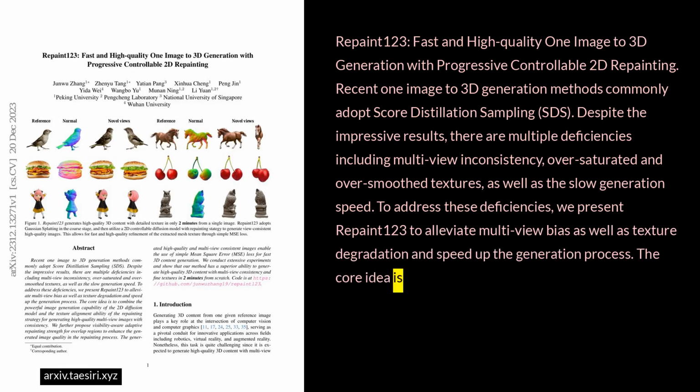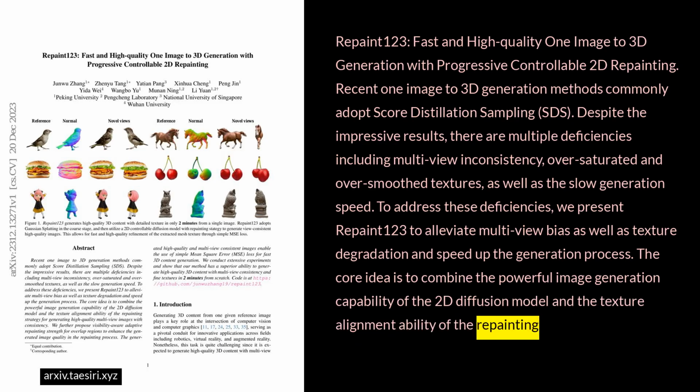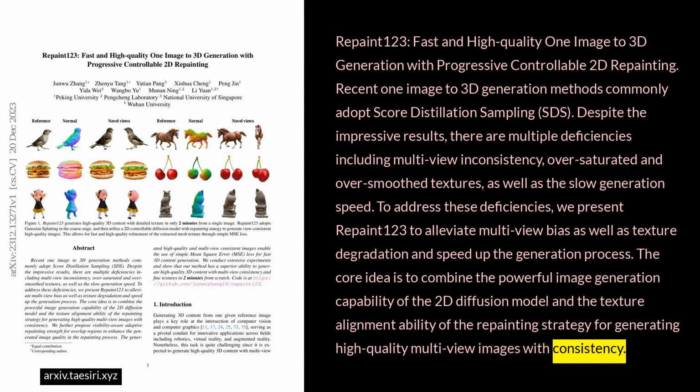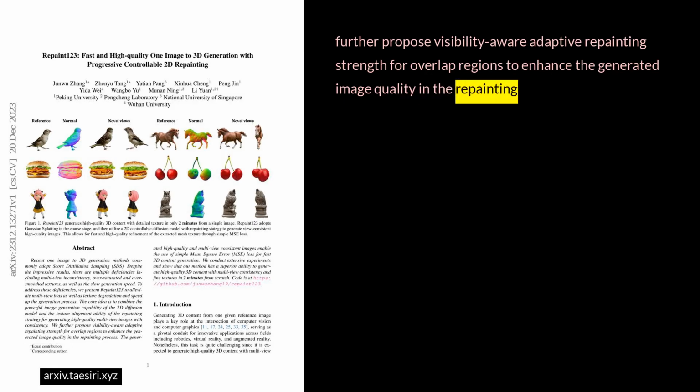The core idea is to combine the powerful image generation capability of the 2D diffusion model and the texture alignment ability of the repainting strategy for generating high-quality multi-view images with consistency. We further propose visibility-aware adaptive repainting strength for overlap regions to enhance the generated image quality in the repainting process.